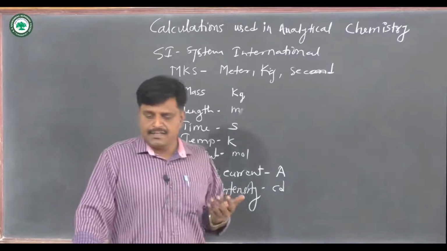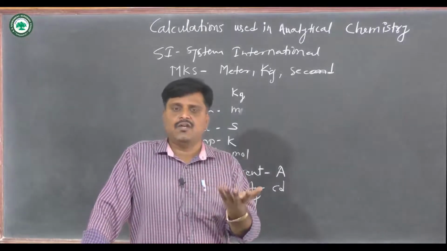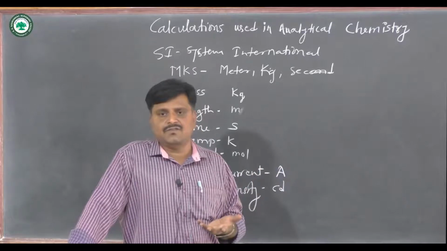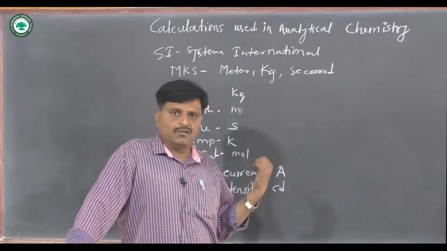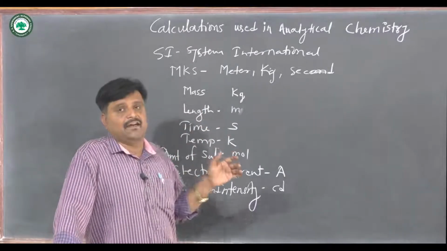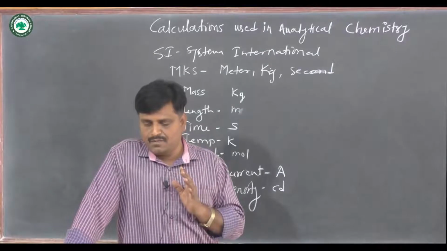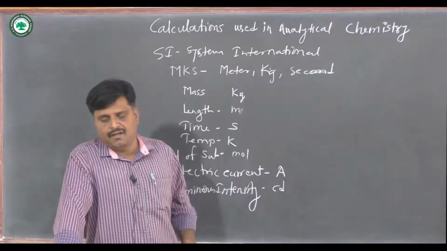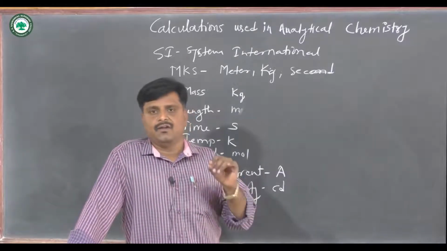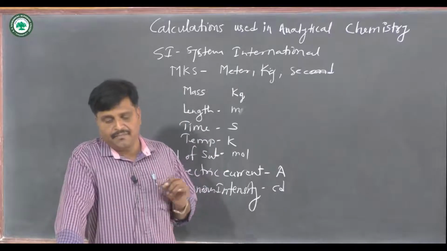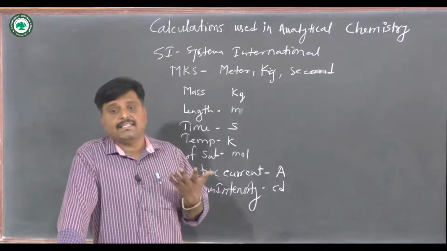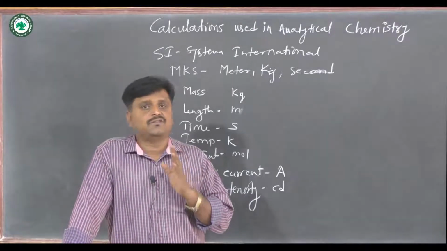The next point is prefixes used for such units. There are prefixes which multiply the value, so we call them prefixes. Kilo gives the value 10 raised to 3, hecto gives 10 raised to 2, and deci gives 10 raised to minus 1.